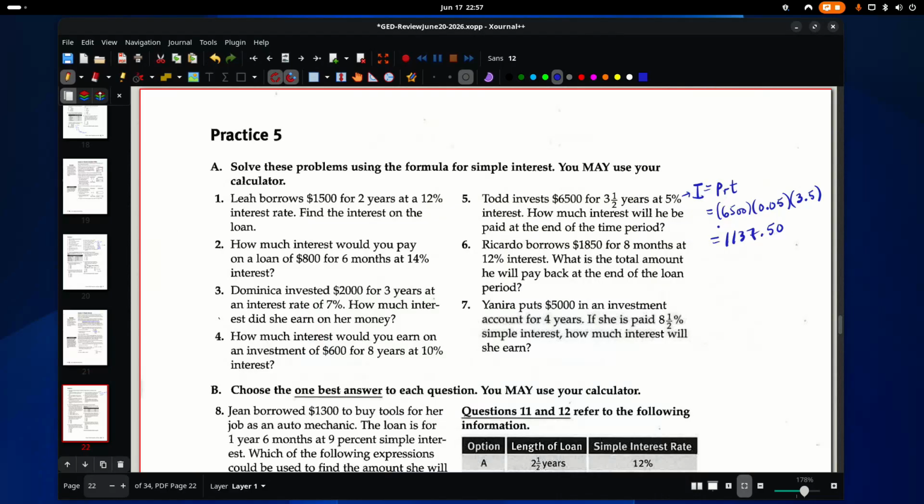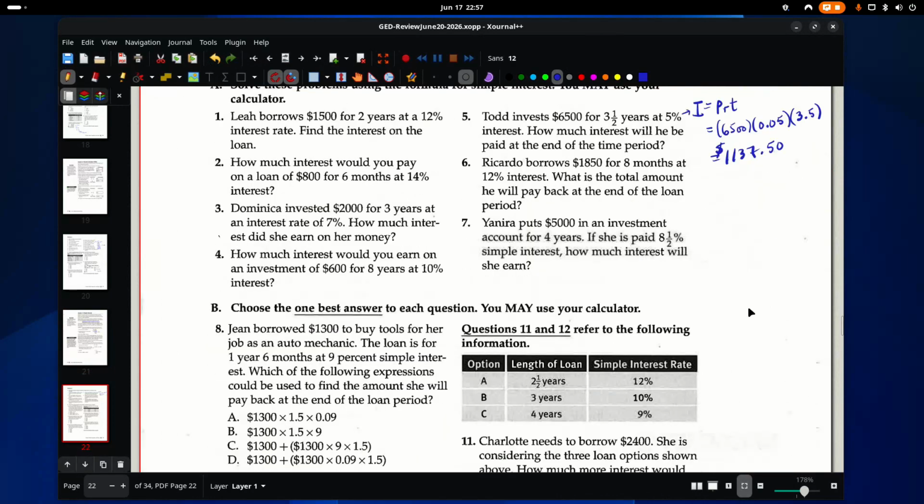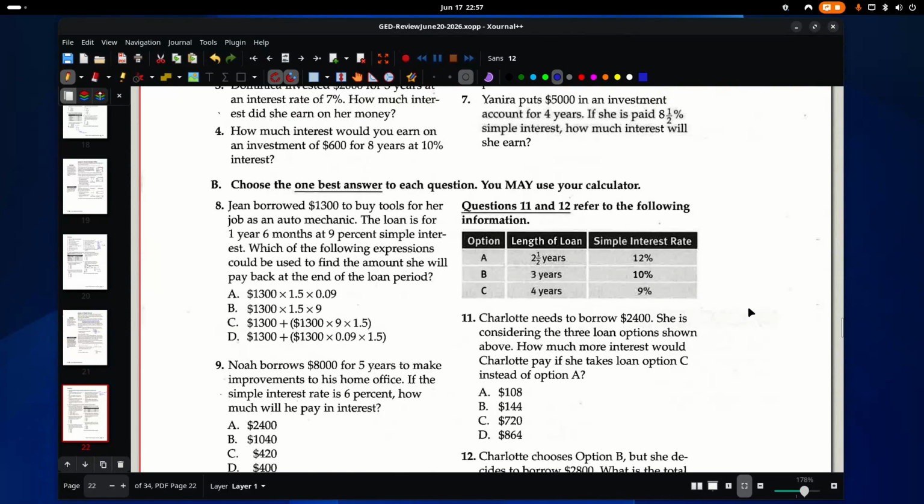So $1,137.50 is what we get for that one. All right, let's do one more.